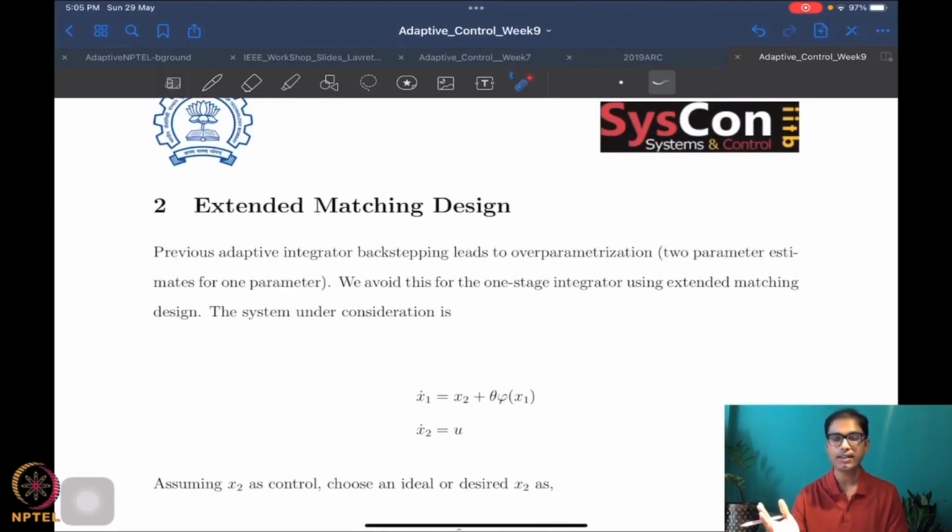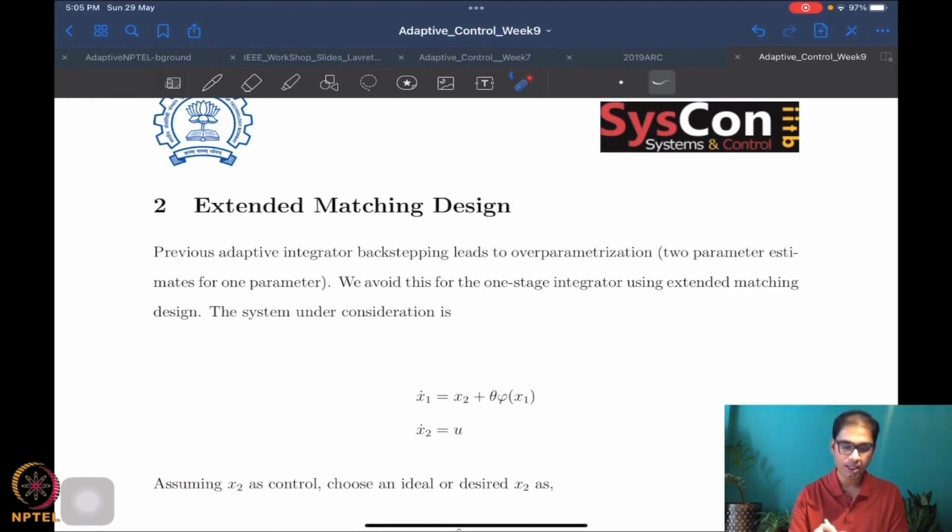Again, we go back to the scalar case because everything is easier in the scalar case. In the vector case, although it's the same, it's just a lot more bookkeeping and it becomes more complicated to explain things. Otherwise, everything is exactly the same. What we'll try to do is one vector example also at a later point, so let's not worry about that too much.